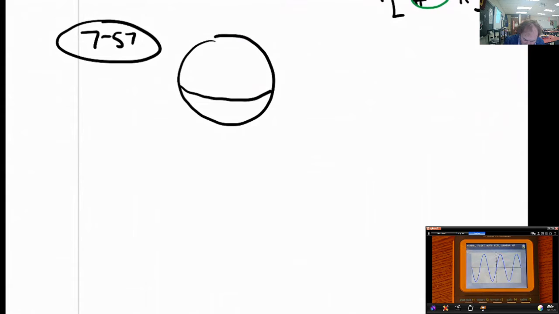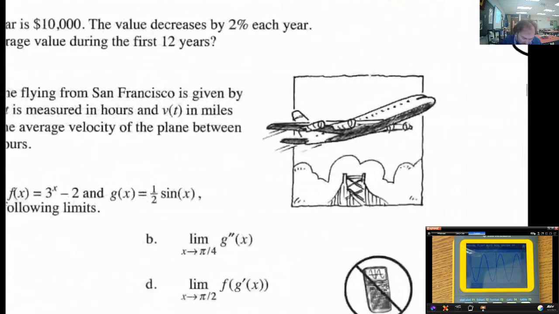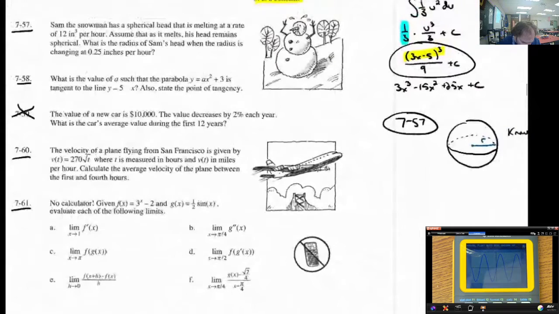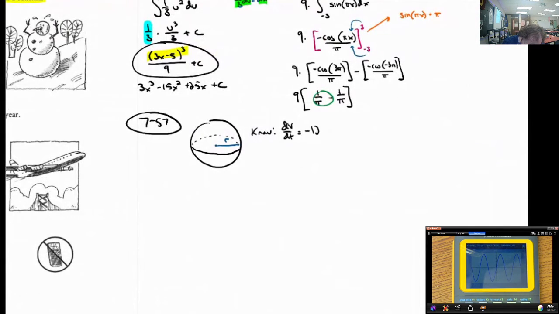So let's draw a picture of a sphere really quick. And the only thing that a sphere has as far as variables go is the radius. They told us that dV/dt is decreasing. It's melting, -12 cubic inches per hour.